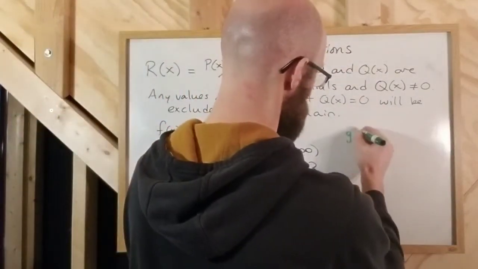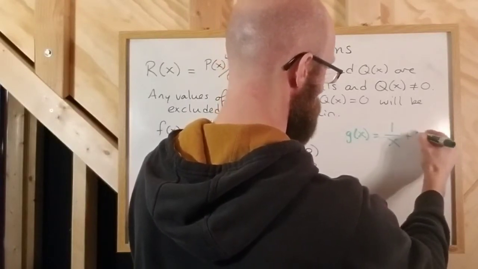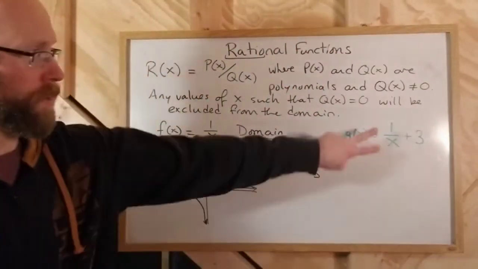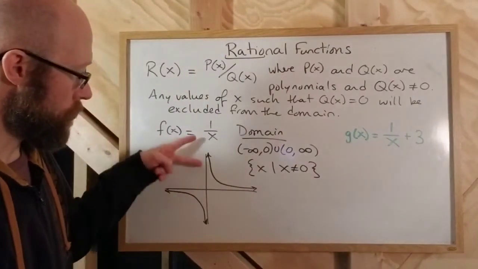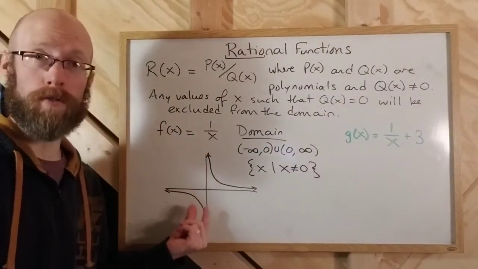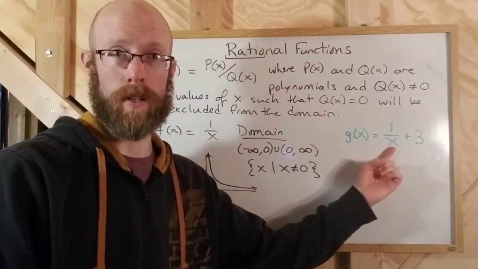If I had a new function, I'll call it g of x, and I want to go 1 over x plus 3. Okay, take the reciprocal function, add 3 to it. Well, shifting this vertically is not going to move the vertical asymptote. Vertical asymptote stays the same, and of course 0 still makes the function undefined.